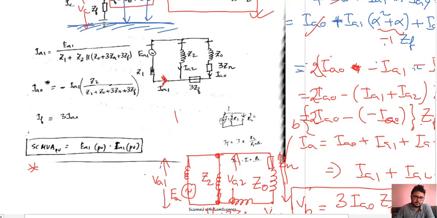So if I want this I1 current, then I calculate the equivalent of these two plus this one, which would be the total impedance. So Z1 plus Z2 parallel this. E0 by total impedance is IA1.